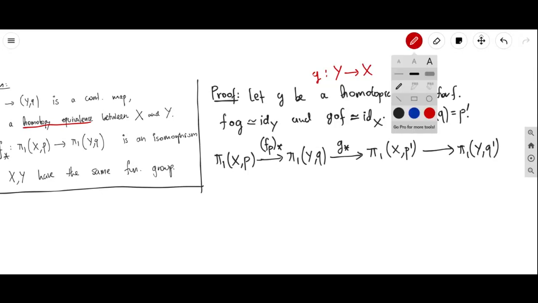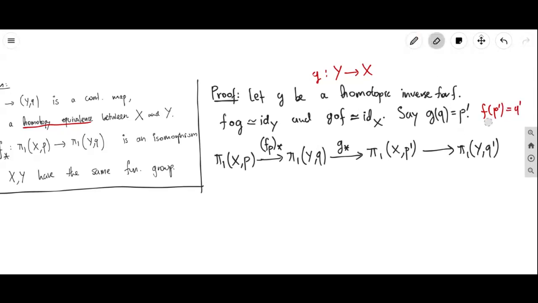So we're going to assume that F P prime is equal to Q prime. So F maps P prime to Q prime, and this mapping is F, but it's mapping P prime to Q prime. So this is going to be F P prime star. So this is the picture that we have involving these maps.